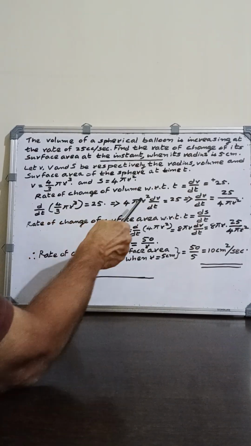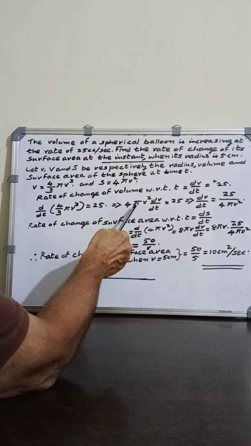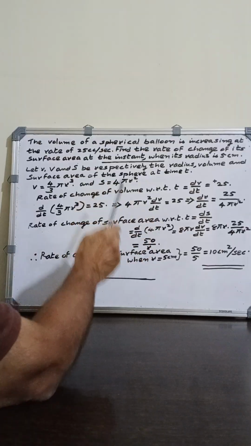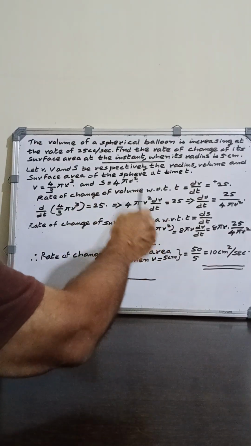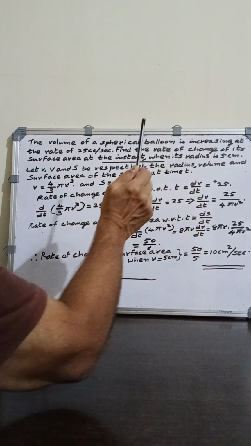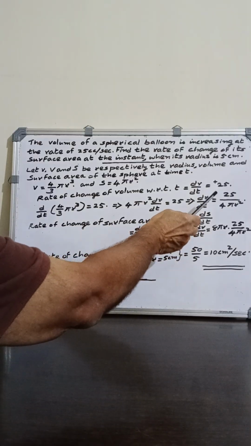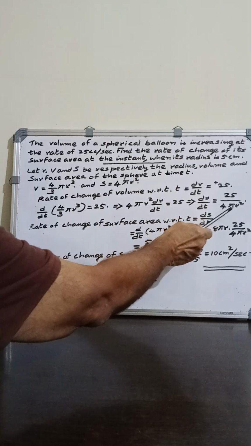That is the differential coefficient of r cubed. Therefore, 4 pi r squared dr by dt equals 25. Therefore, dr by dt equals 25 by 4 pi r squared. That is the rate of change of r with respect to t.